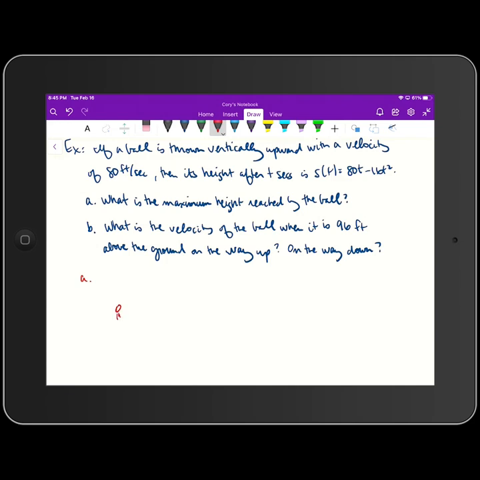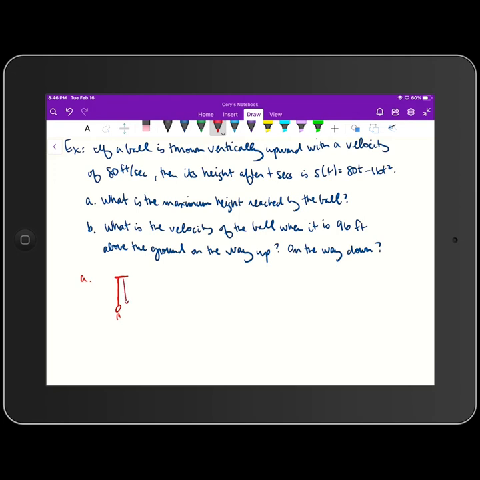The ball is going to have a positive velocity because it is moving upward. Once it reaches its maximum height, it stops for a split second. And then when the ball falls back downward, the velocity is going to be negative.